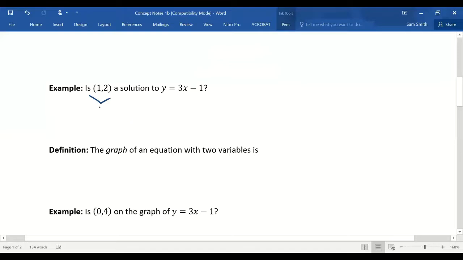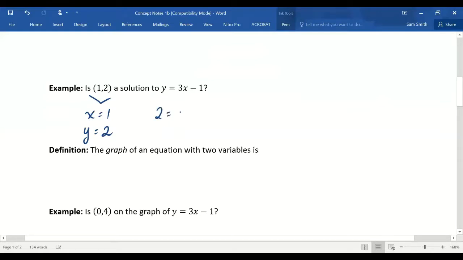The first number, 1, is the x-coordinate. 1 is x. The second number is the y-coordinate. 2 is y. So let me replace x with 1, and let me replace y with 2, and check and see if the result is a true statement or a false statement.